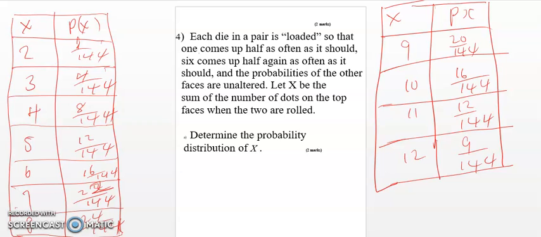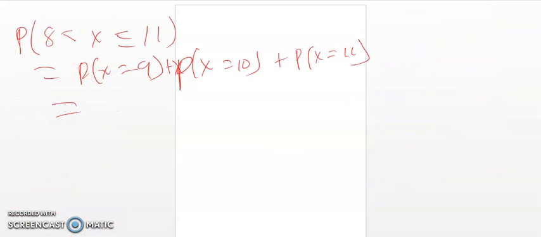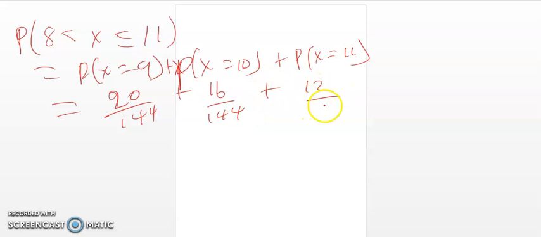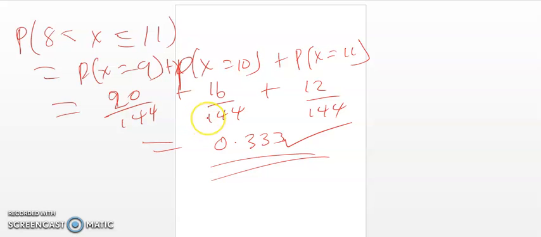That should give us 0.333, repeating. So we simply have 0.333, and this is our solution when 8 < x ≤ 11.